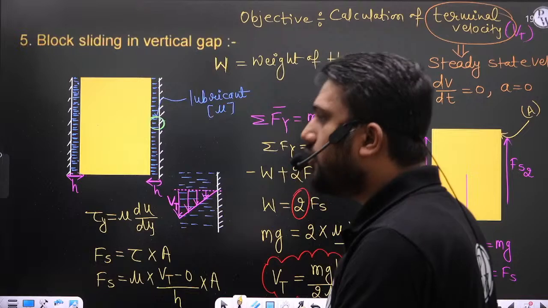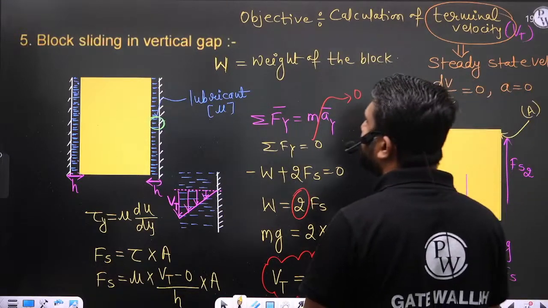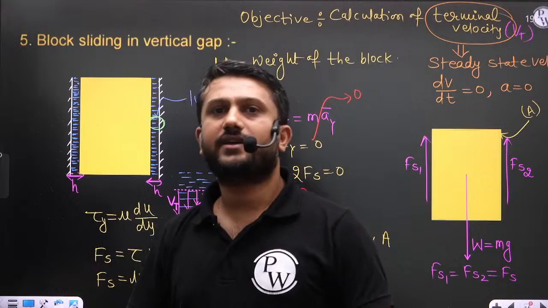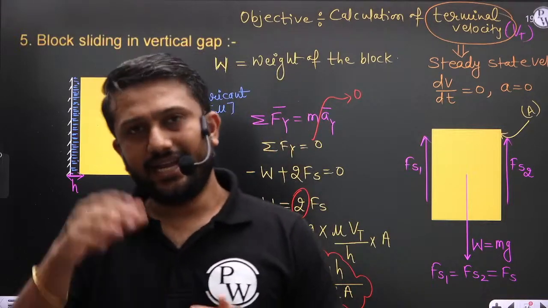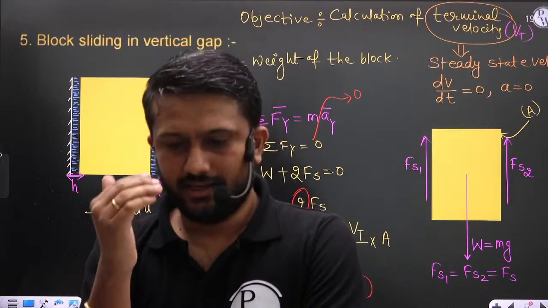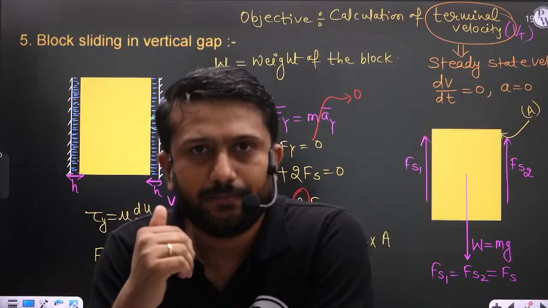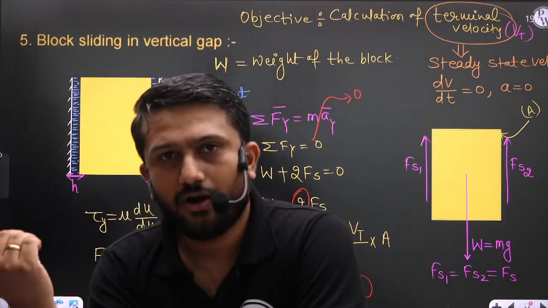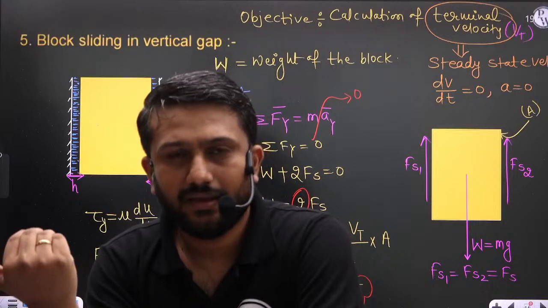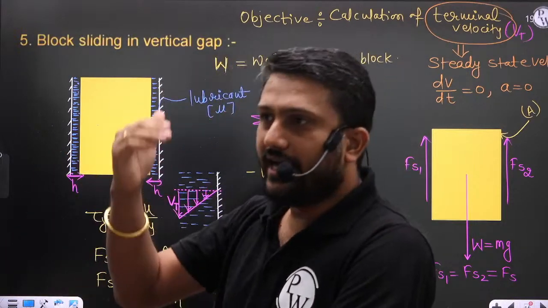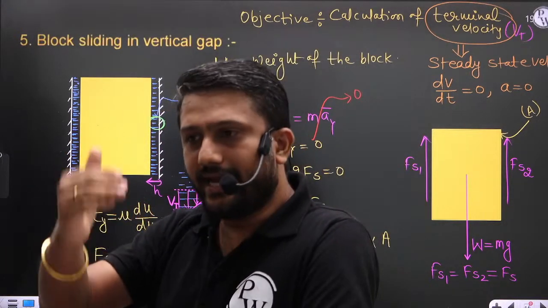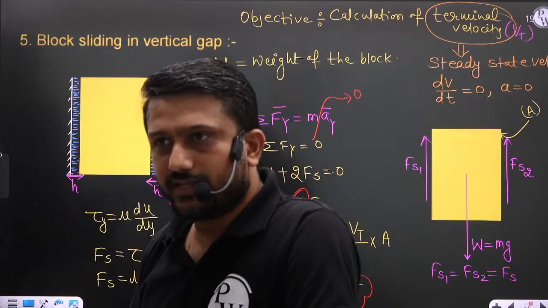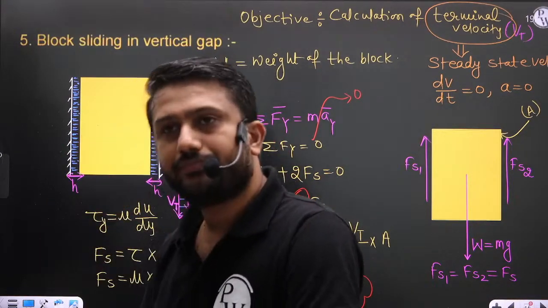Terminal velocity is attained after some time. Initially the velocity of the block is 0, and after some time it attains the terminal velocity, or steady state velocity. In between 0 and terminal velocity, how does the velocity vary with respect to time?